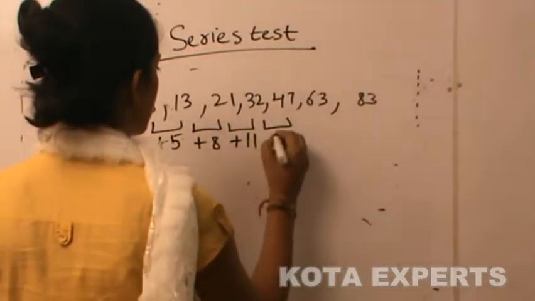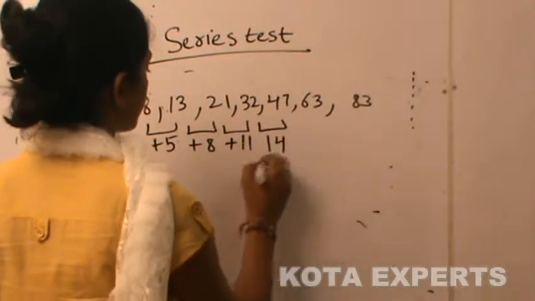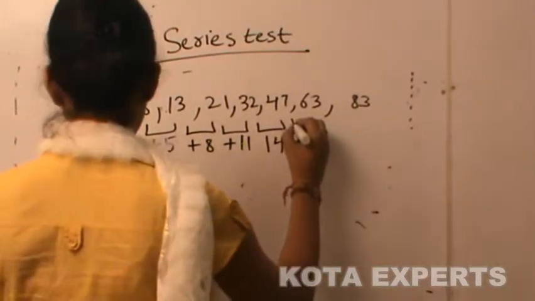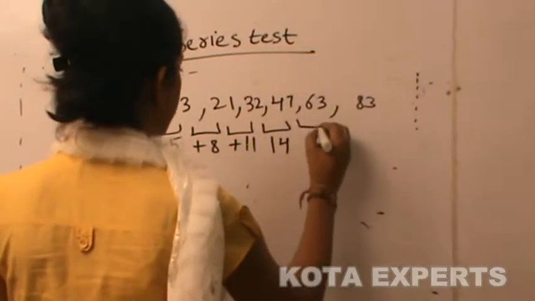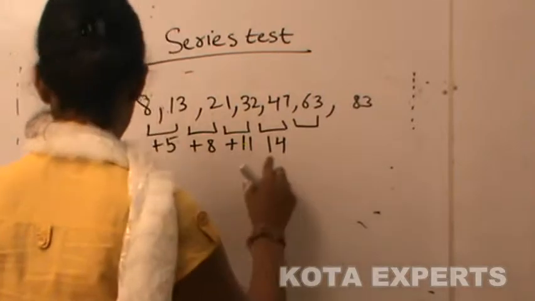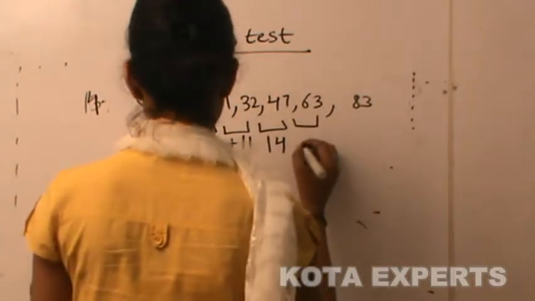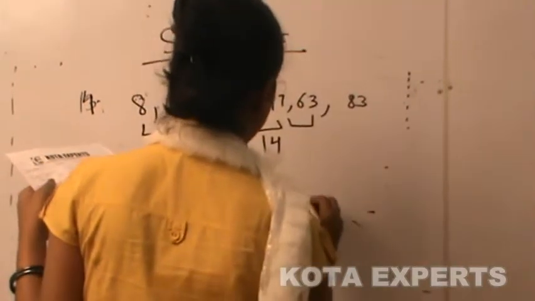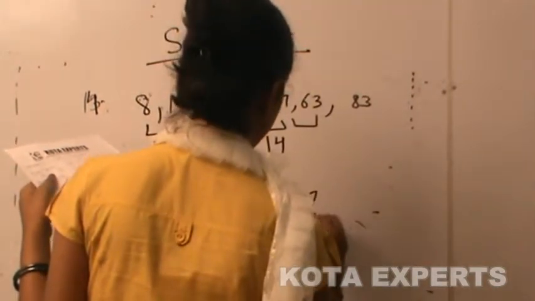The difference is 14. Then 47 minus 32, what is it?